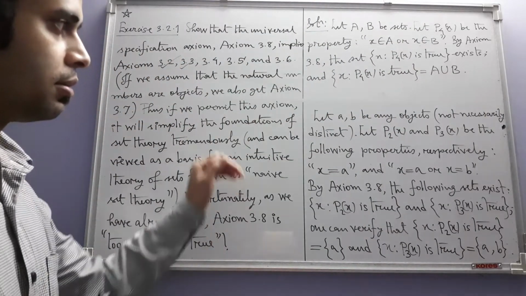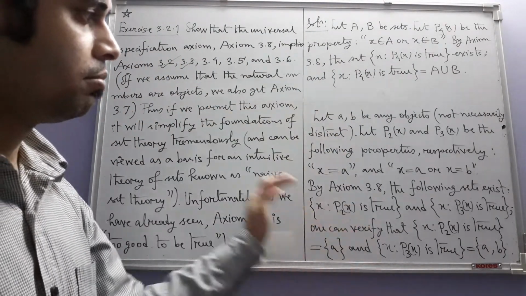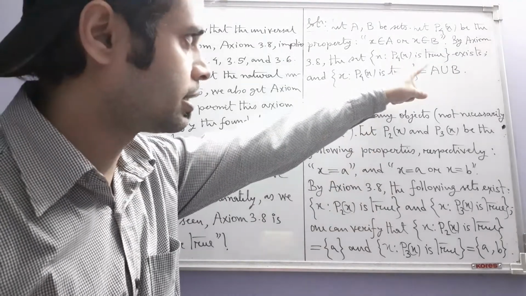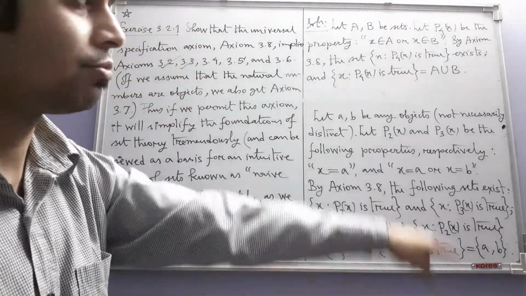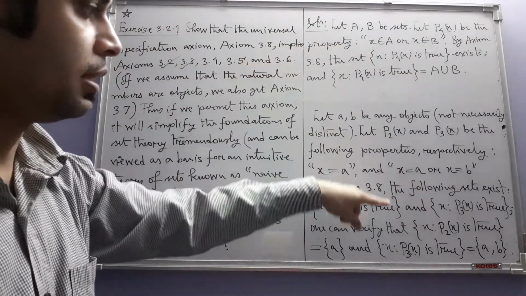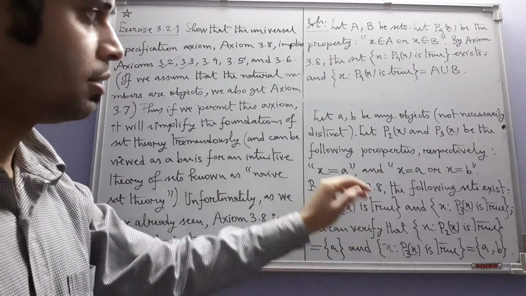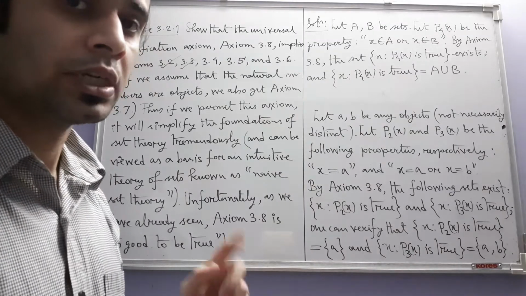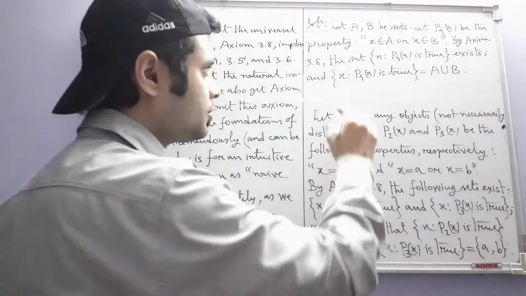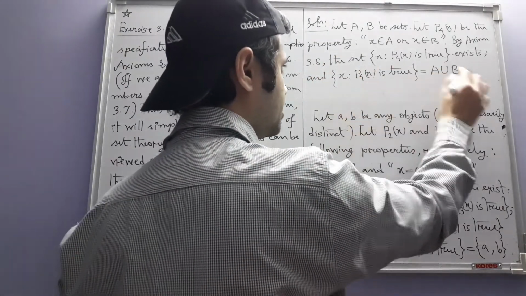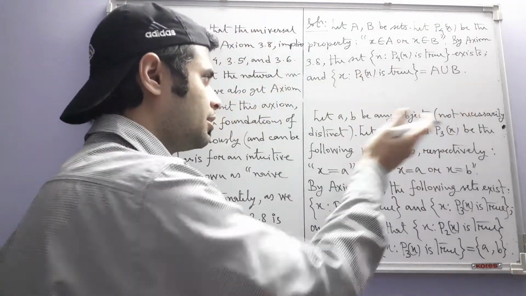Although we are just simply mentioning that these sets that we are getting from axiom 3.8 in each case equal the set that we seek, it has to be proved. Keep that in mind. We have to actually prove that this is equal to this, no matter how trivial that is.